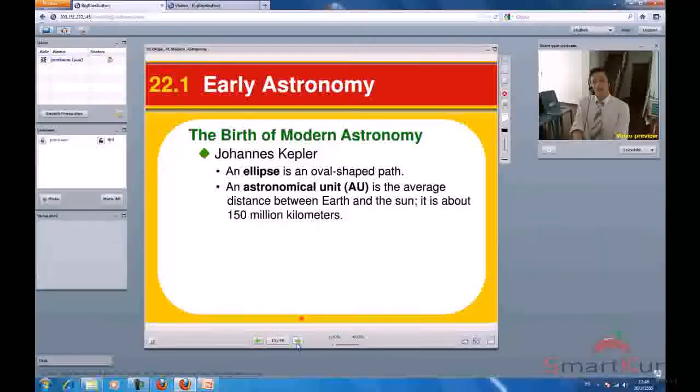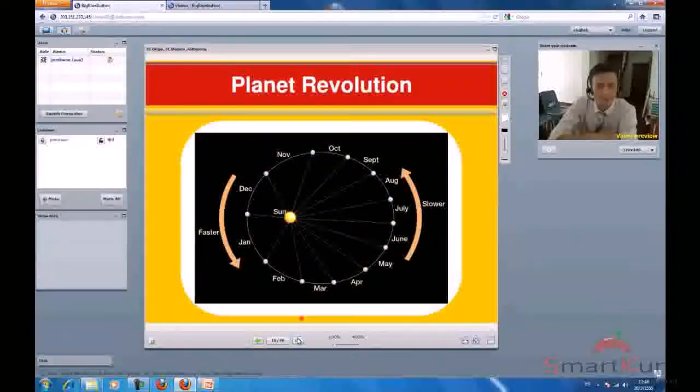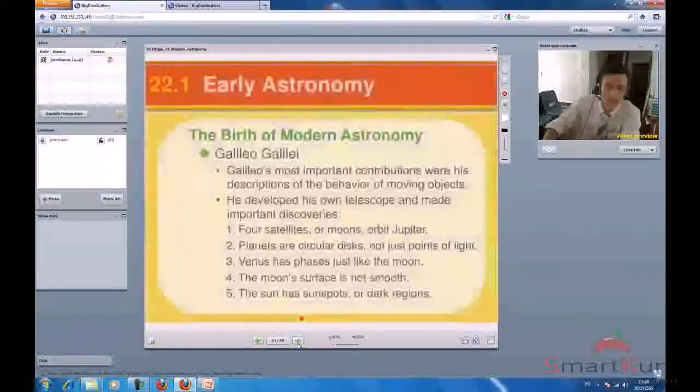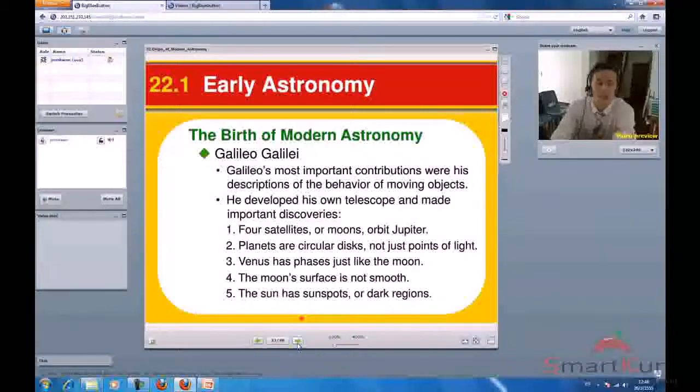Jupiter is 4 or 5 astronomical units from the sun. Saturn is 8 astronomical units from the sun, and so on. But once we get outside of the solar system and we start talking about the distance to other stars, we don't use astronomical units anymore. We start to use light years.